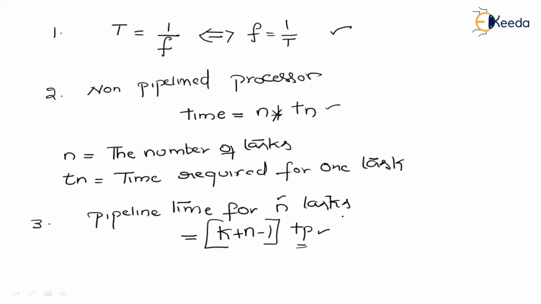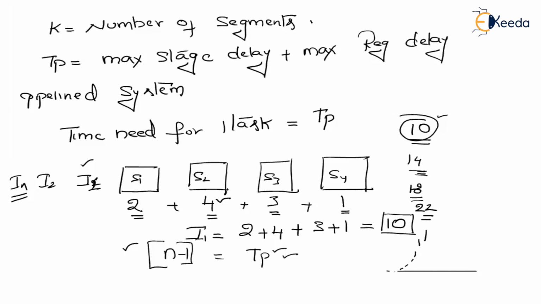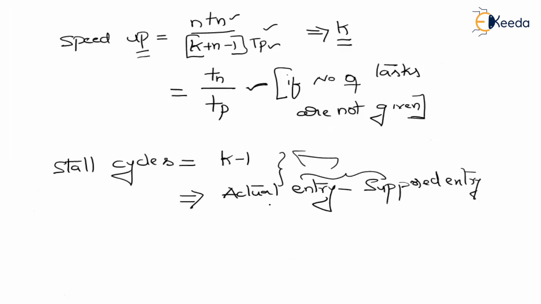Pipeline time for n tasks is equal to k plus n minus 1 into Tp, in which k is the number of segments and Tp is max stage delay plus max register delay. In a pipeline system, time needed for one task is equal to Tp. Okay, in a pipeline system, of course, you know that speed up is equal to n into Tn divided by k plus n minus 1 into Tp.